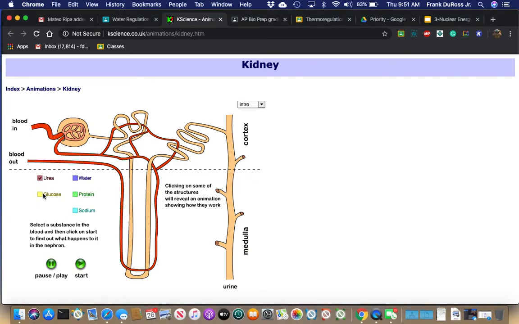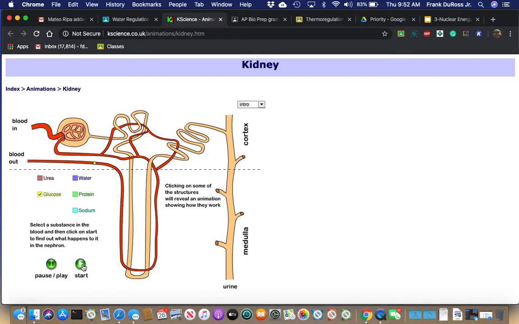So we just looked at urea. Let's look next at glucose. Let's look at glucose moving. Okay, so you can see glucose there.